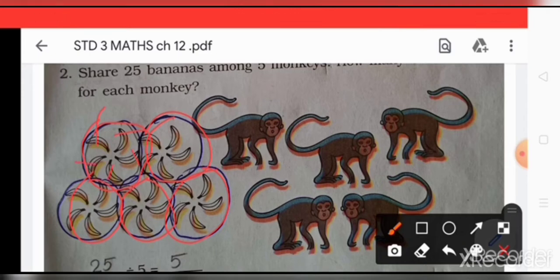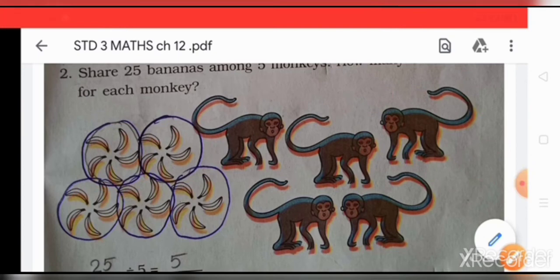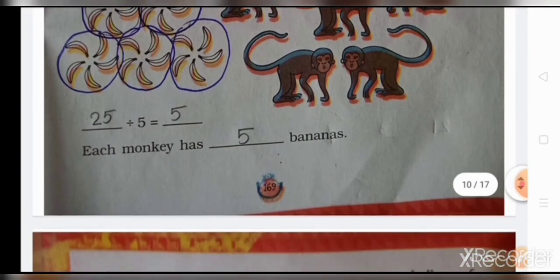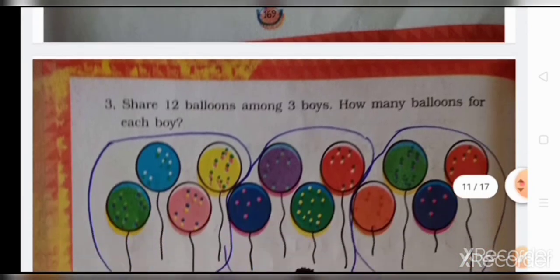That means 25 divided by 5 is equal to 5. That means 5 5s are 25. Then one monkey gets 5 bananas. Each monkey has 5 bananas.